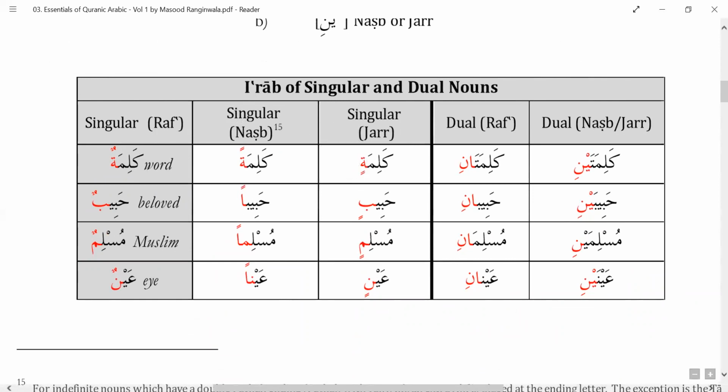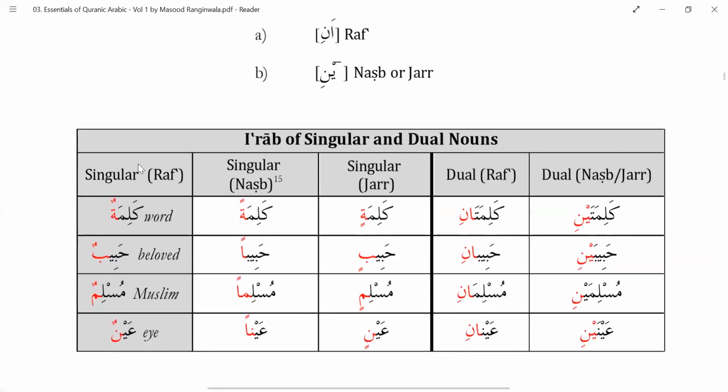If you want to make it two kalima, kalima means word, which we already did, two kalima means 2 words. So you will add ani at the end. But over here, since this is a closed ta, which can come only at the end of a word, as we saw some lessons back, when I have to add ani at the end of kalimatun, which is Rafa, what was the Rafa combination?